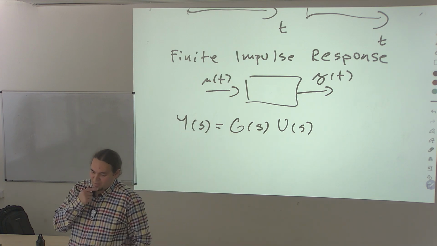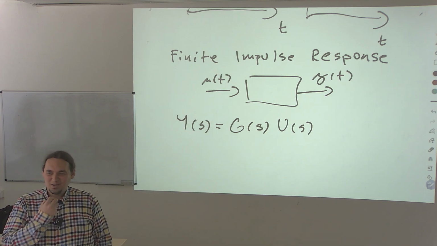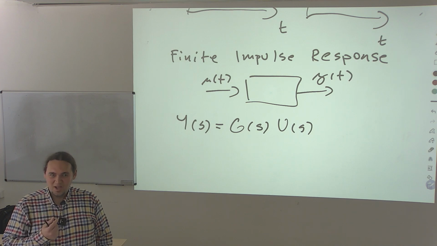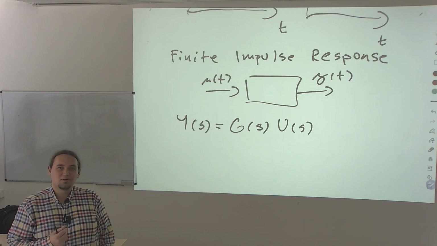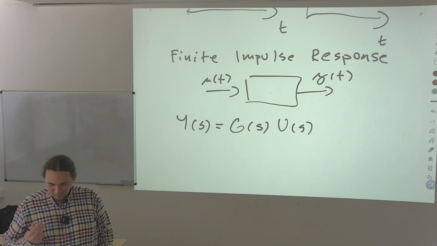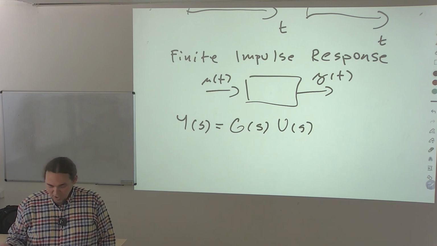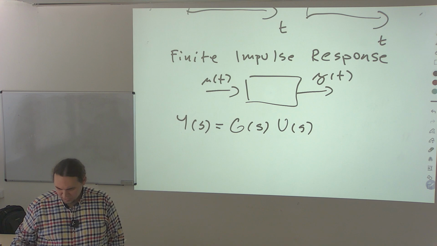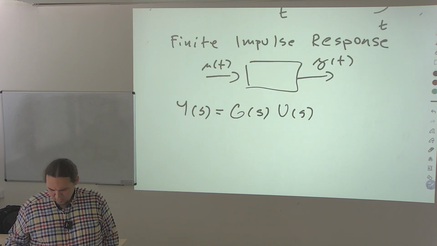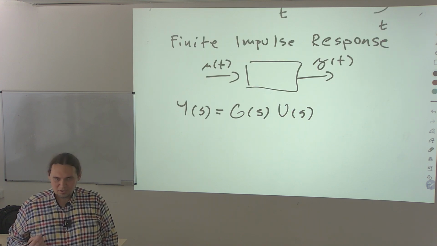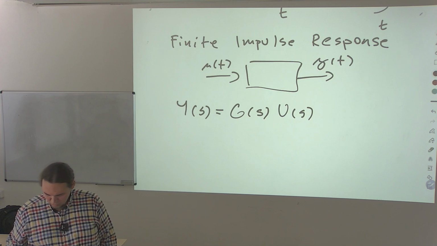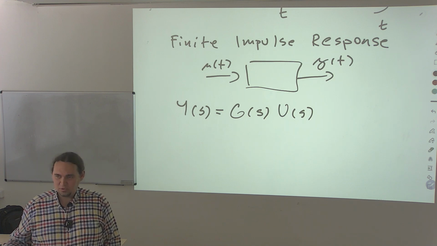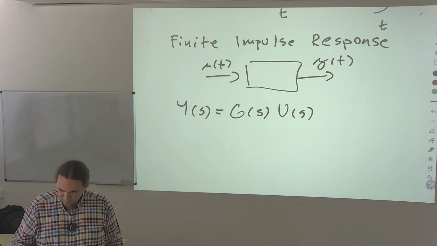And what we typically do, what we try our systems to resemble or to look like, is to have some linear dynamics that can be represented by the transfer function. What does this transfer function really do, and what would be its time representation?